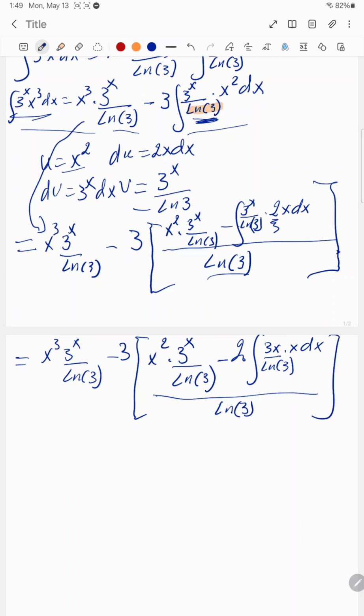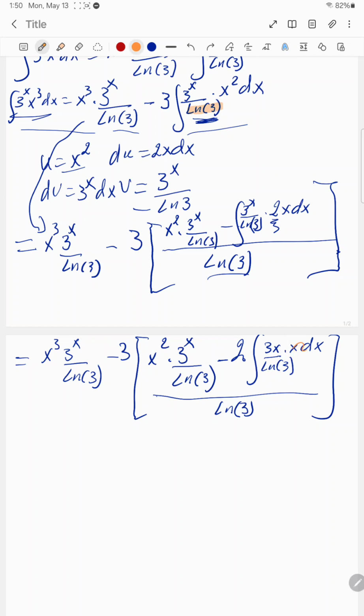So that part of the equation is done with the ln of 3. I have to solve this part. So again, here I can take my u is equal to x, my dv is equal to 3 to the power of x divided by ln of 3.